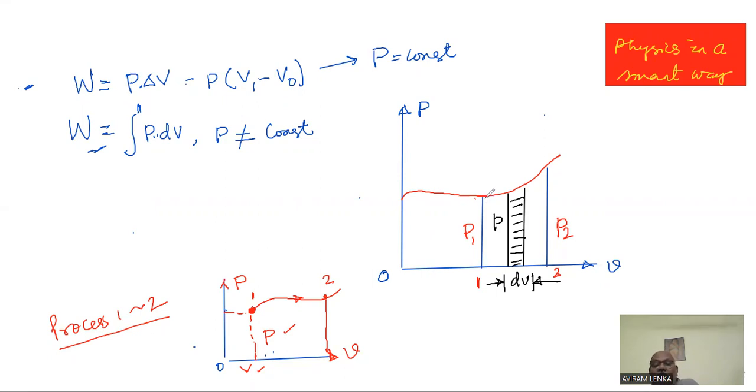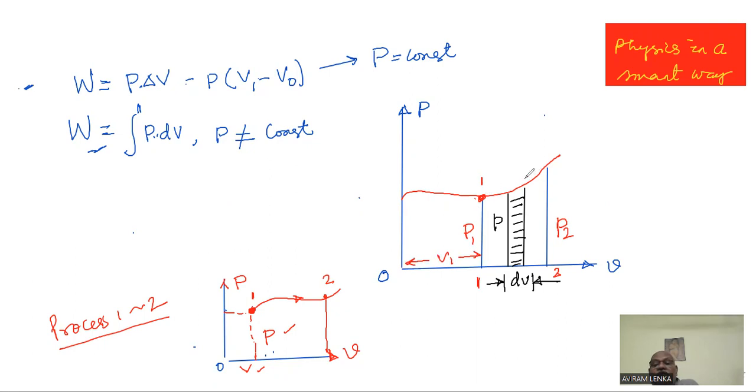In the graph, as I have shown, the gas initially was in state 1, with pressure P1 and volume V1. Here is the volume axis.